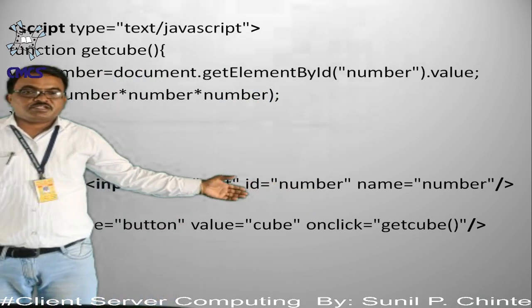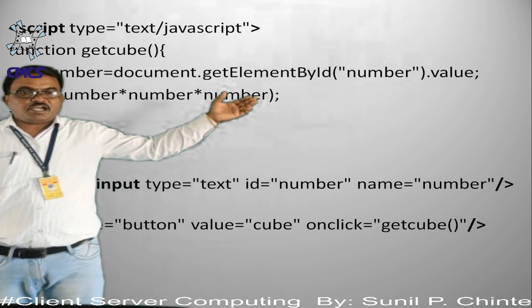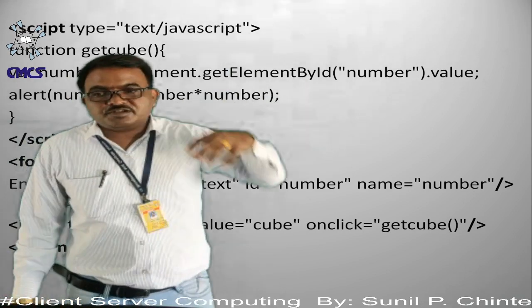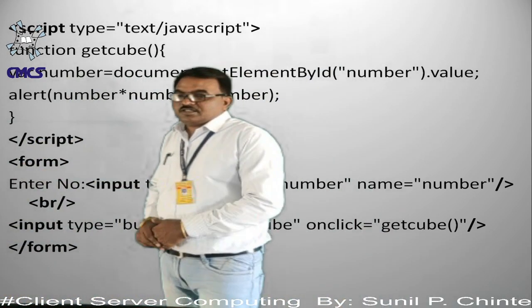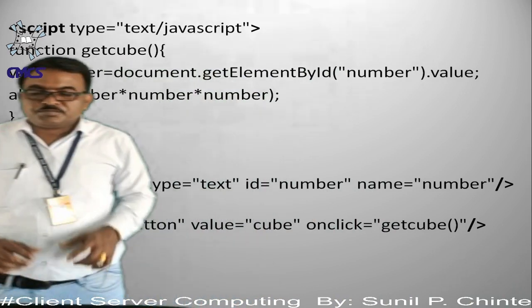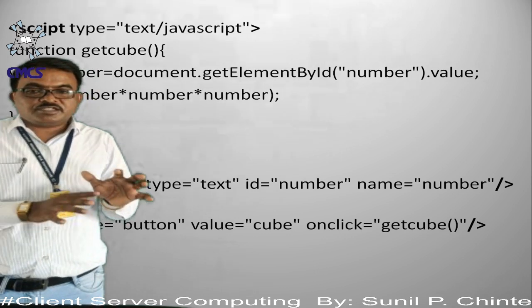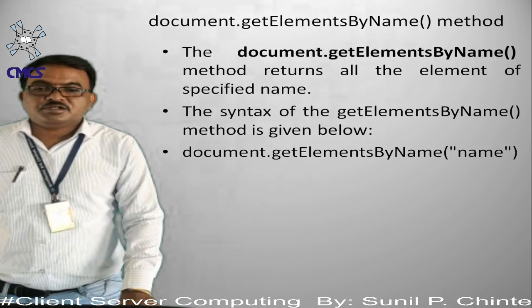The element is identified by the id attribute, and .value returns the value as a number. On that number the operation is performed, like the cube, and it will be displayed on the monitor.